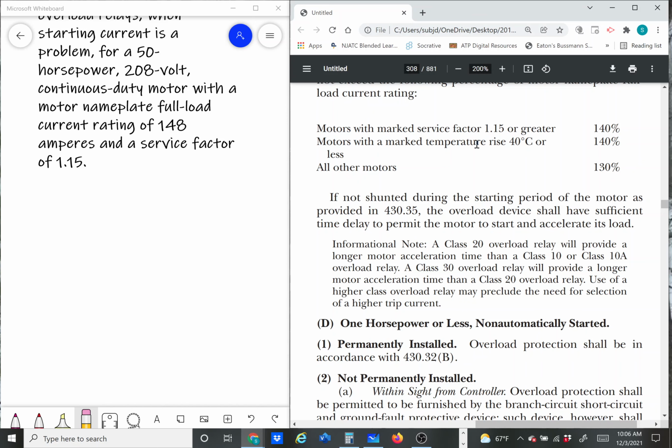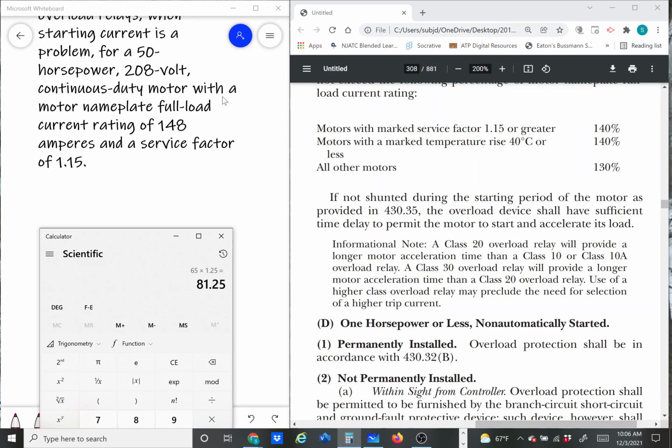Okay, so that's my starting current as a problem table. So now I can punch up my trusty calculator. It says I've got a 50 horse, 208 volt continuous duty motor, nameplate full load current rating 148 amps. So I'm going to hit 148 amps and multiply that by, okay, it only gives me a service factor. It doesn't tell me anything about my temperature rise.